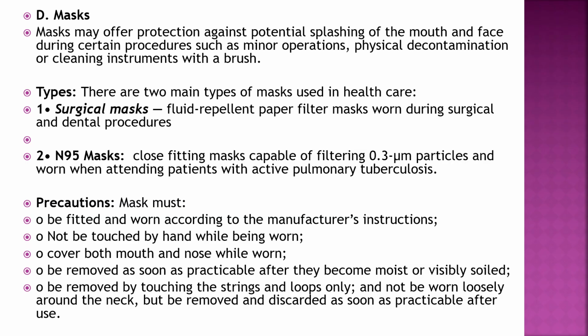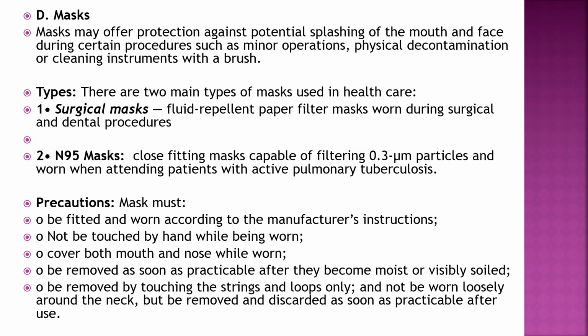So there are two types, the surgical mask and the N95 mask. The surgical mask is mainly used during surgical or dental procedures, and the N95 mask is mainly used when attending patients with acute pulmonary tuberculosis or, nowadays, the COVID-19 pandemic. So now what are the precautions?